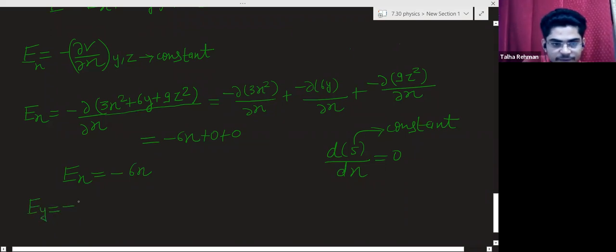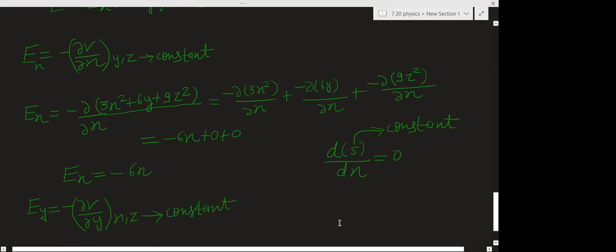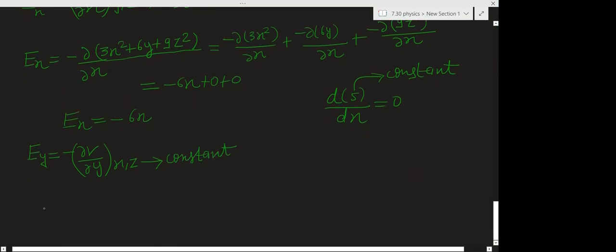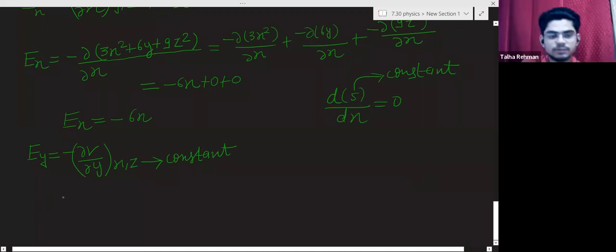For Ey we have the formula minus del V by del y, and now we will consider x and z as constant. Now y is not constant. The terms of x and z will be constant.